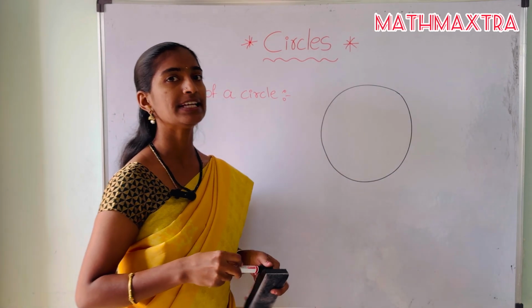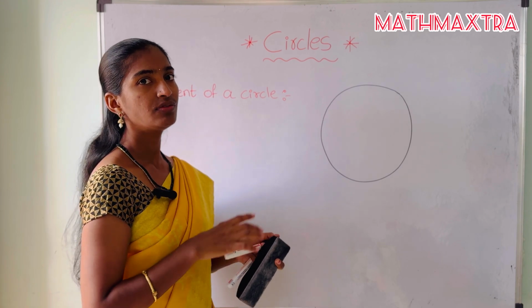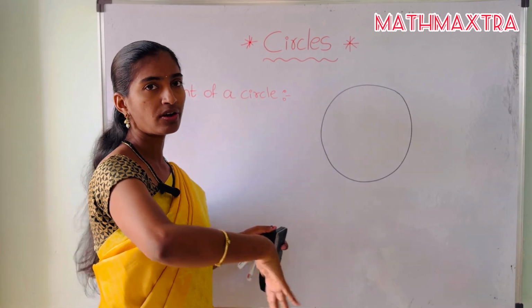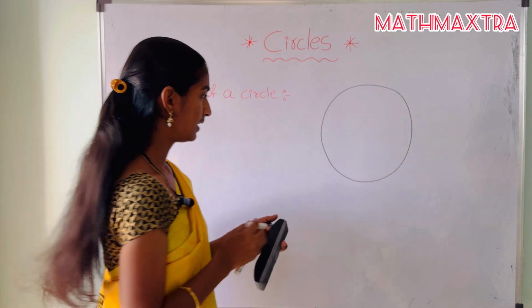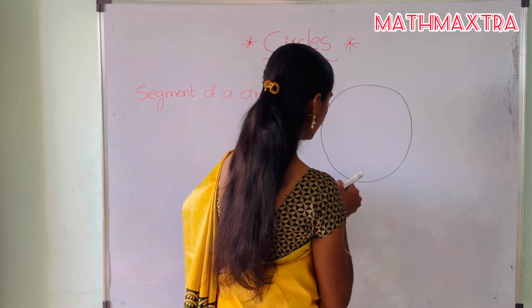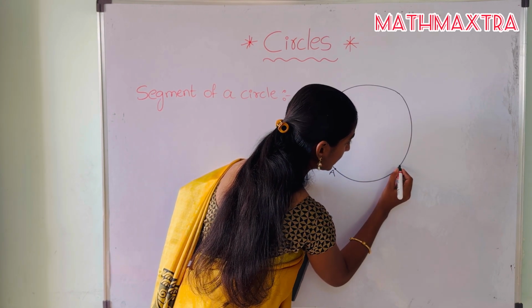A segment of a circle is nothing but a region which is bounded by an arc of a circle and any chord of a circle. See, if this is a circle, let us consider this is an arc AB.